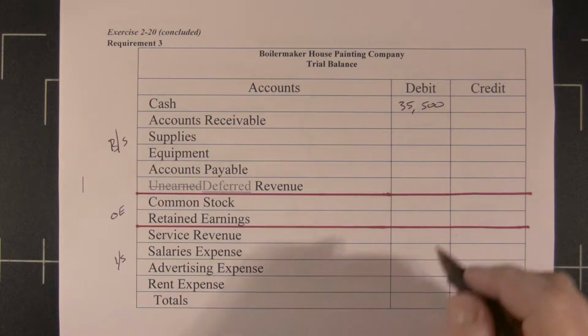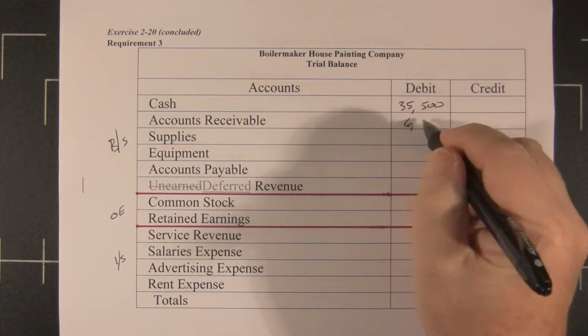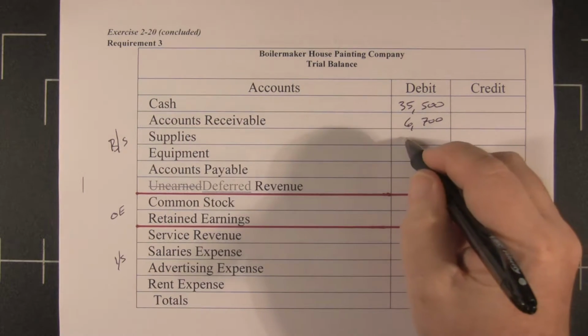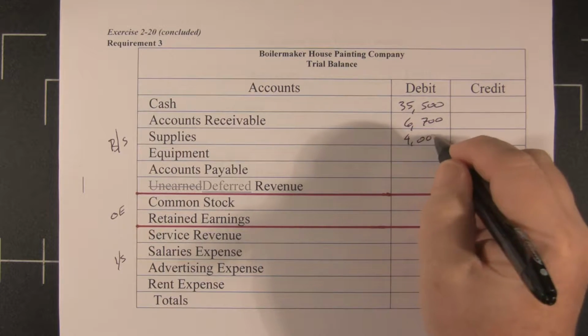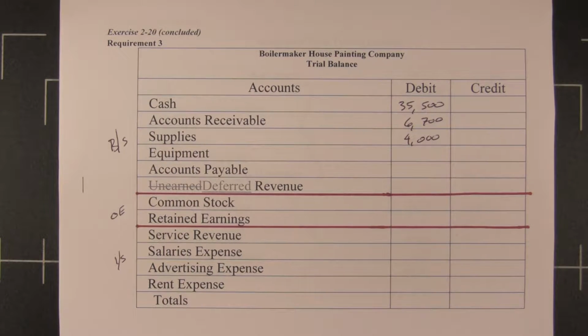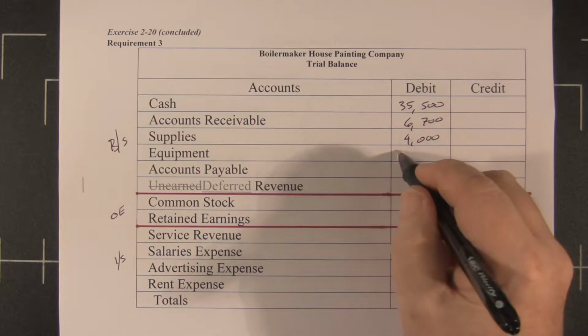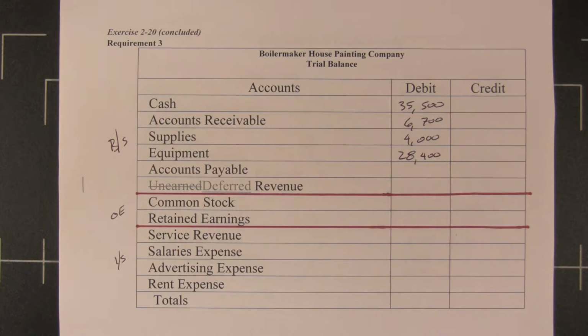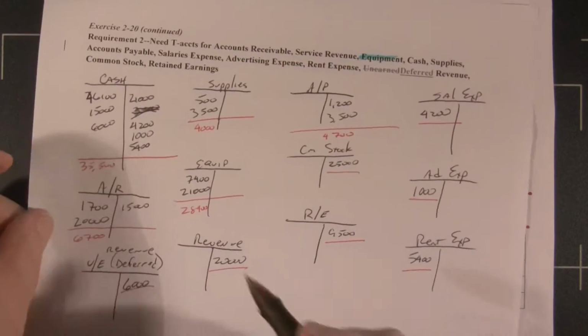We have accounts receivable, $6,700. We have supplies, $4,000. Now these are all assets, so these are all debit accounts. And we have equipment, $28,400. Take a quick look and you'll see where they all come from.